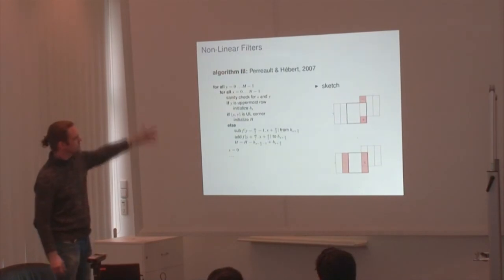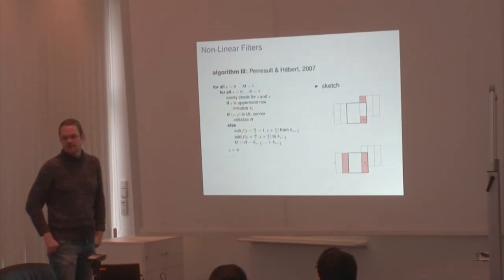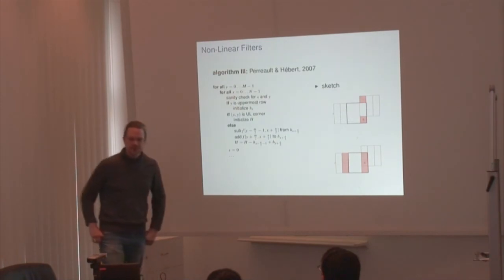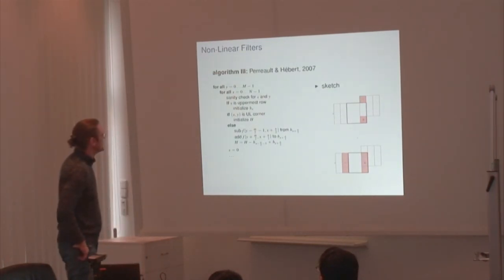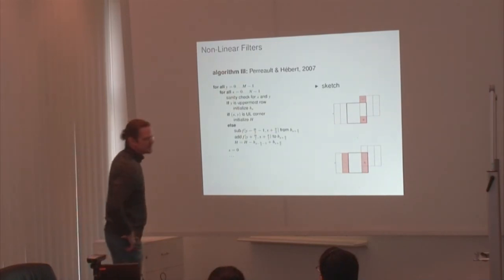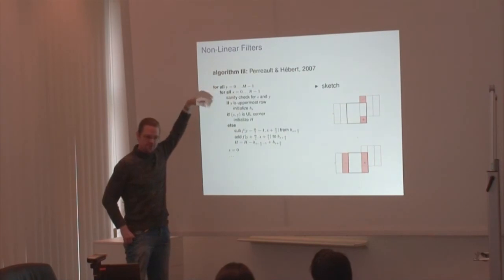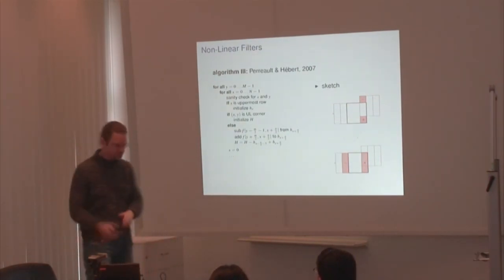This is Perrault and Hébert, 2007. So this is basically yesterday. It's so crazy to wonder why it took so long. But whatever, this is how medians are computed nowadays. We iterate over the image, we make sure that everything is fine with respect to boundary conditions.